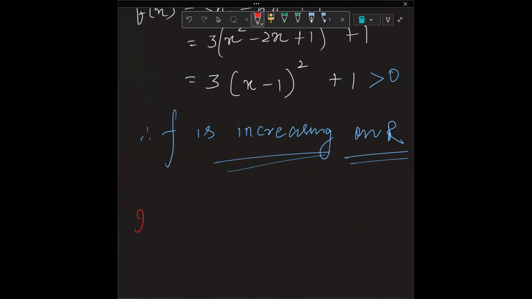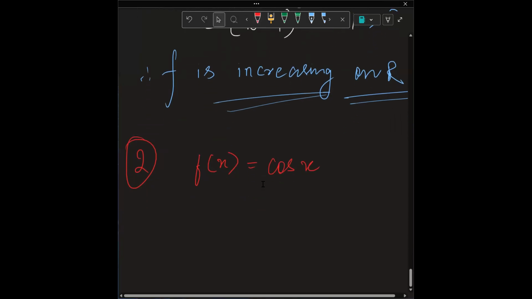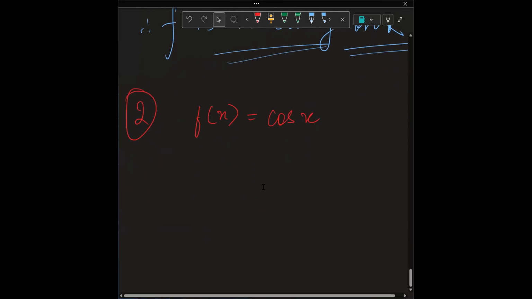Now the second question is, your f(x) is cos x, and you have to tell me that from x belongs to 0 to pi, is this function increasing or decreasing, and from x belongs to pi to 2 pi, this function is decreasing or increasing.